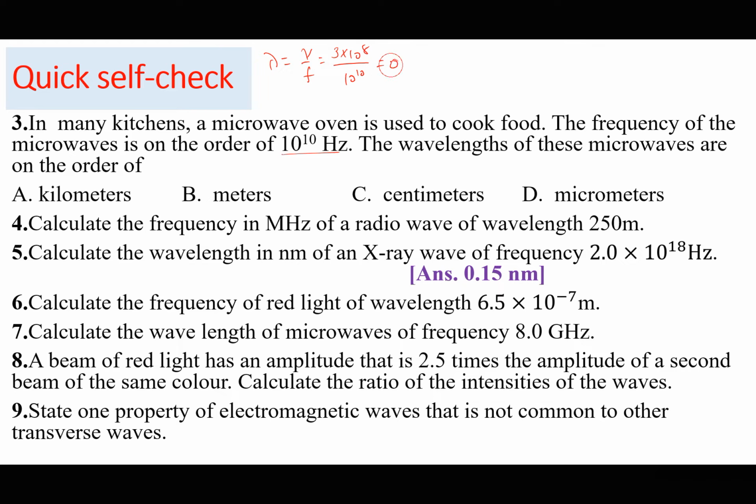So this is 0.03 in meters. When I multiply this by 100 to make it a whole number, it becomes 3 centimeters. So this one is going to be of the order of centimeters.